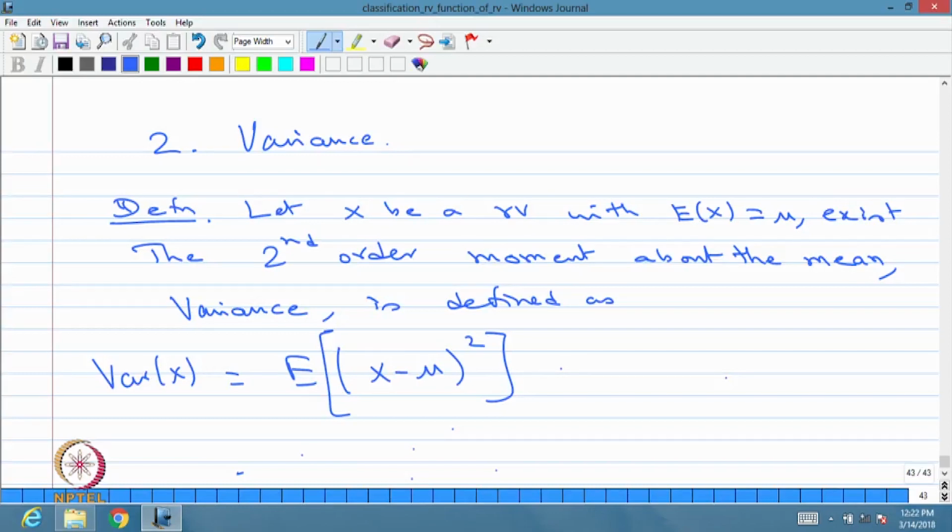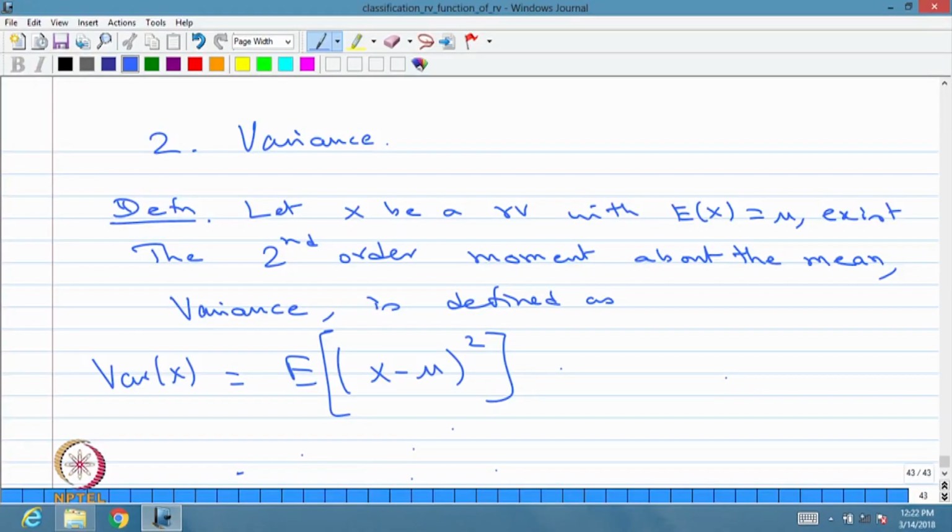So, the right hand side is nothing but expectation of g of x, where g of x is x minus mu whole square. You can use the previous result, provided the expectation of g of x exists, then that expected value is going to be called the variance of x.